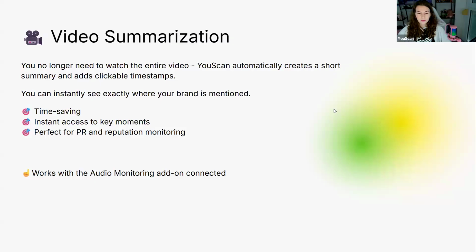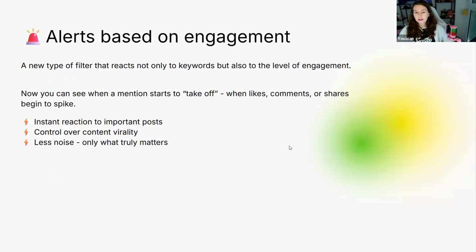Okay, so let's move on and let's talk about alerts based on engagement. This is a new feature that helps you to filter mentions by engagement. So, for example, if a mention is getting more and more engagement, you can get an alert about this mention.